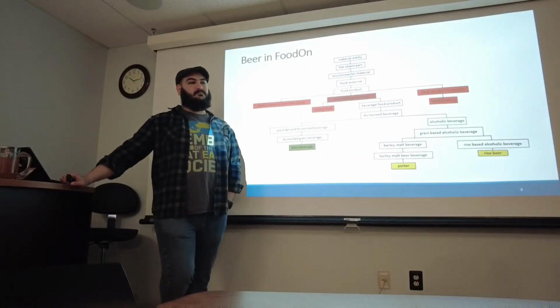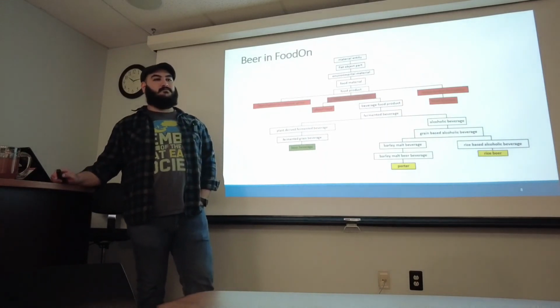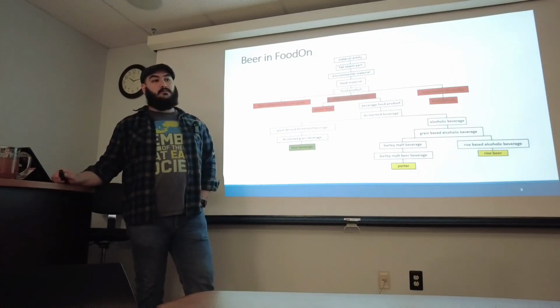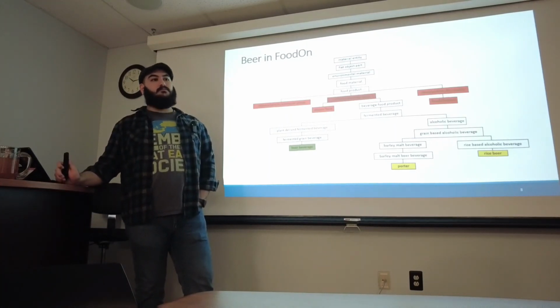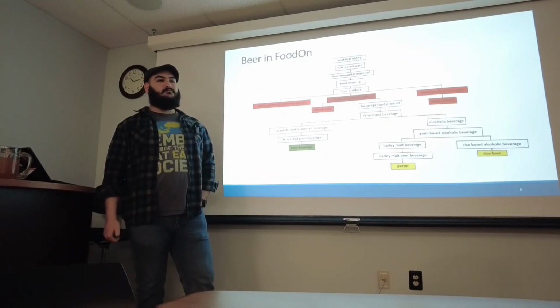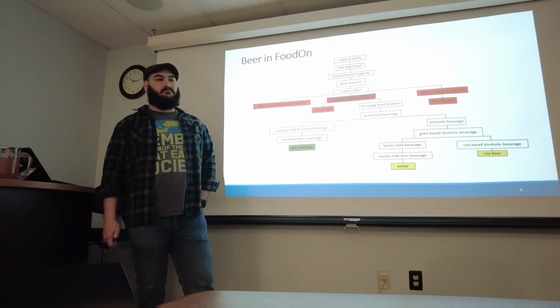This has been a problem for the food ontology business for 15 years. On the one hand, you have a list of foods and ingredients: barley, water, beer, and these are all mass nouns.